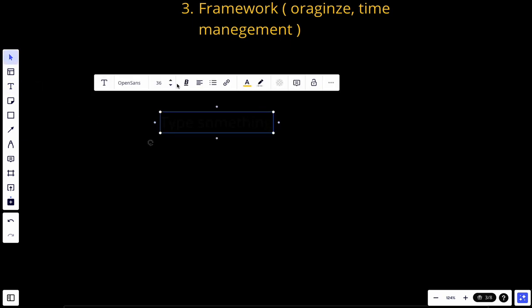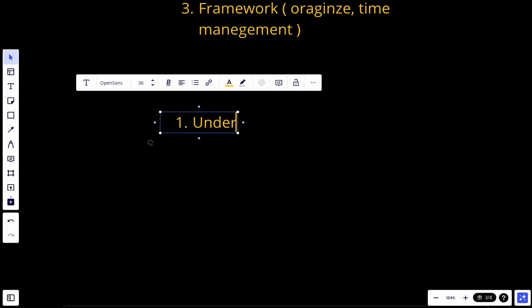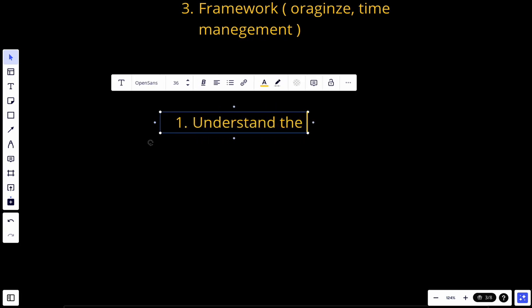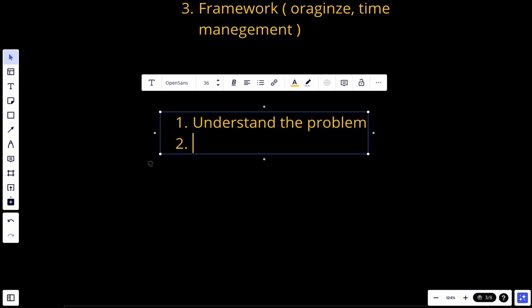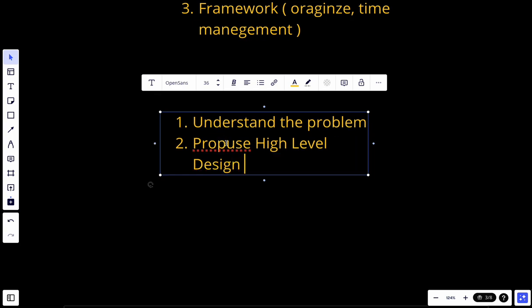The first one is, as we said, that we understand the problem. The second one is that you propose a high-level design. After that you take a deep dive.